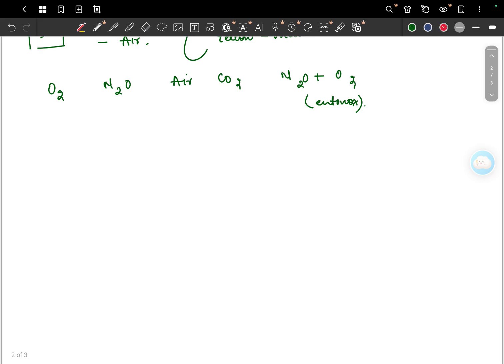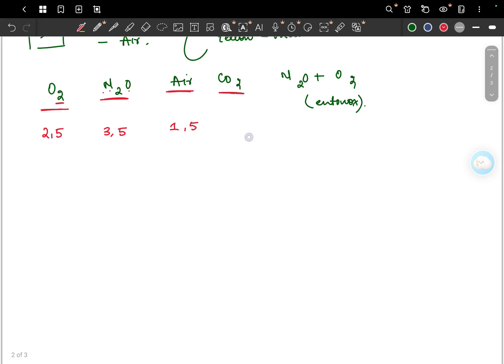Now we'll be dealing with their pin index numbers. For oxygen, just remember it is 2, 5. Here we have three letters, or whatever you can remember, so it is 3, 5. And air is first priority, so 1, 5.